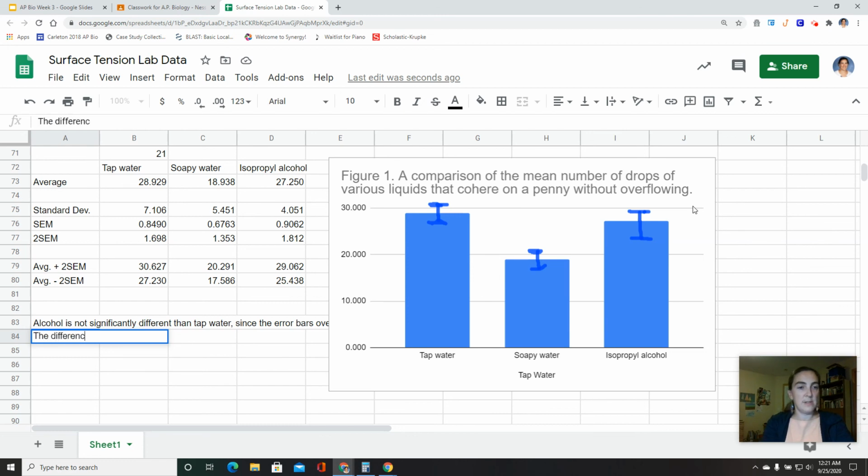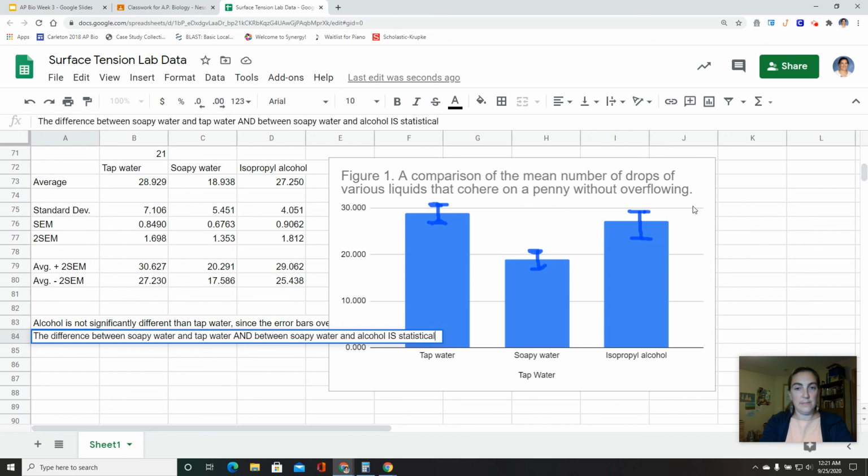The difference between soapy water and tap water and between soapy water and alcohol is statistically significant at 95% confidence because the error bars do not overlap.